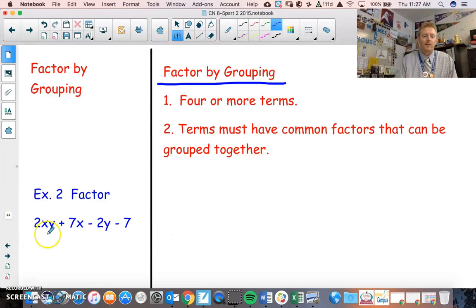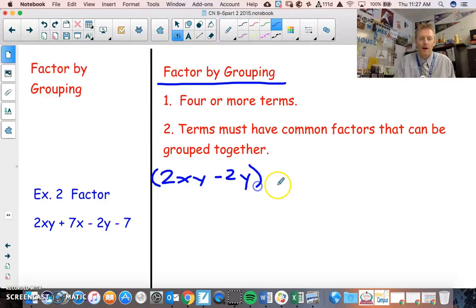If we look at these numbers, it'd be really nice if the 7x and the 7 went together, and if the 2xy and the negative 2y went together. So if I rewrite this, I'd have 2xy minus 2y, that's one chunk I'm going to group together, and then plus 7x minus 7. That's my other chunk.